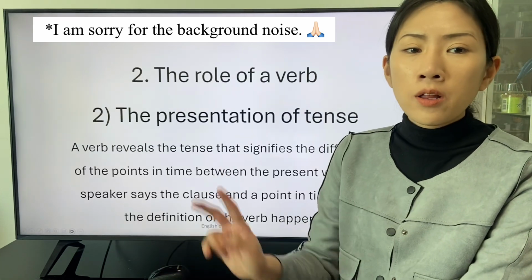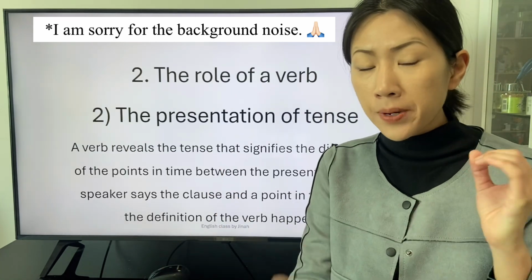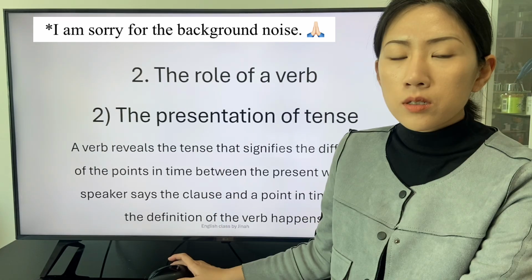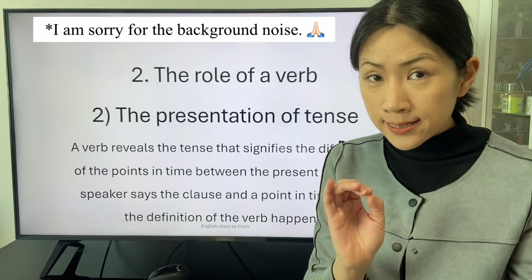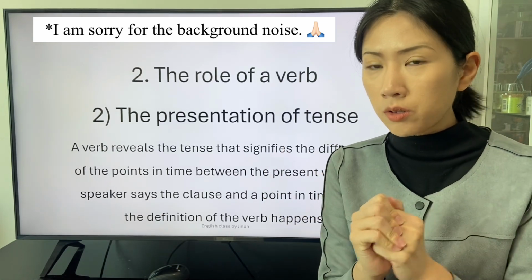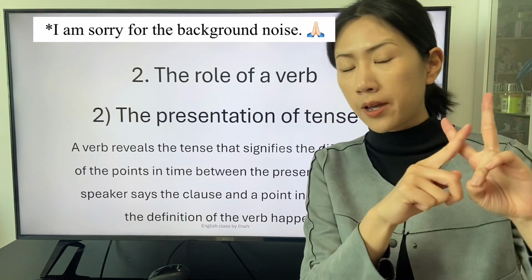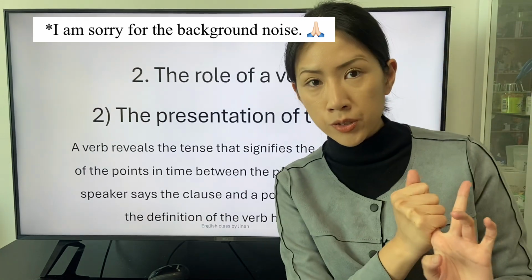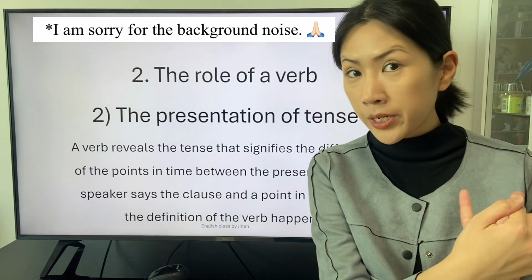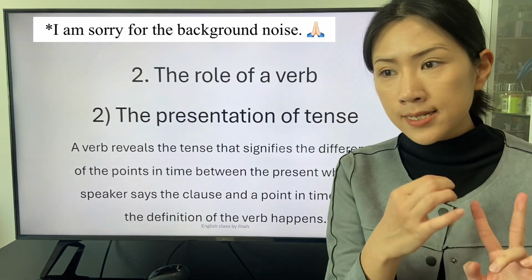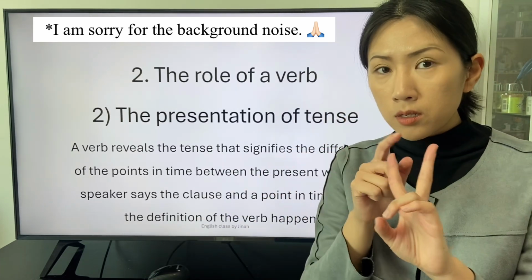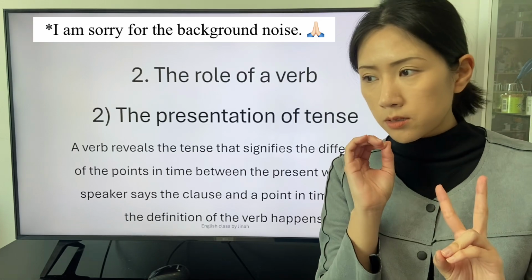The second role of a verb is the presentation of tense. The tense refers to a difference of 2 points in time. The first standard to compare the other point in time is the present.